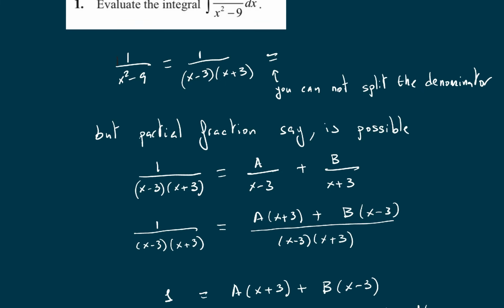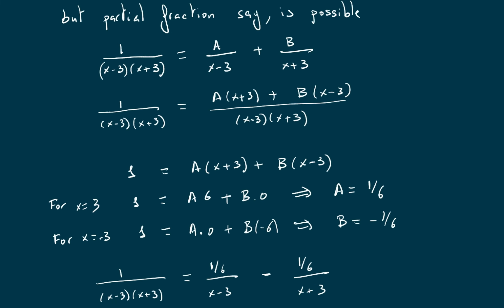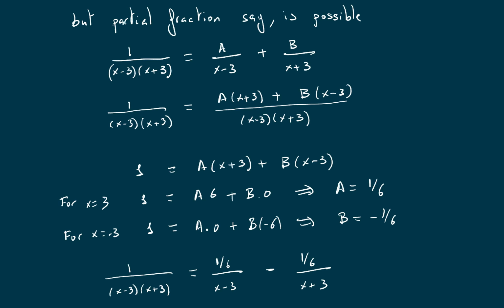Now we are clever using x. What will we use as x to obtain a and b? Well, I will use x equal minus 3. Minus 3 plus 3 will be 0, so this equation will read 1 equals 0 times a, which is 0, and here, because I have used minus 3, will be minus 6.